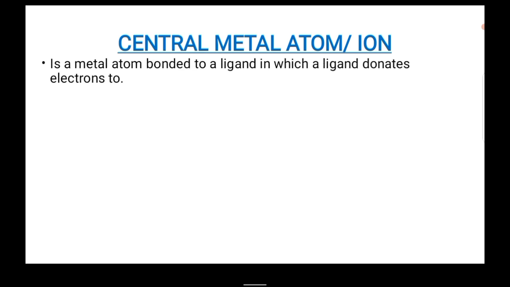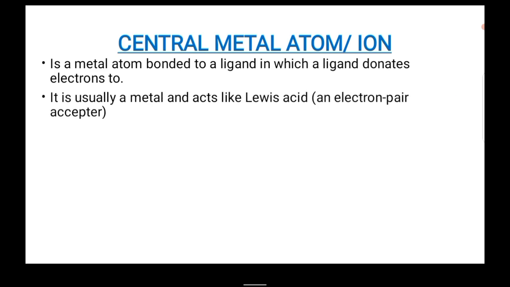Number 2, we're going to see the central metal atom or central metal ion. A central metal ion is a metal atom bonded to a ligand, in which a ligand donates electrons to it. So a ligand donates electrons to a central metal atom or ion.